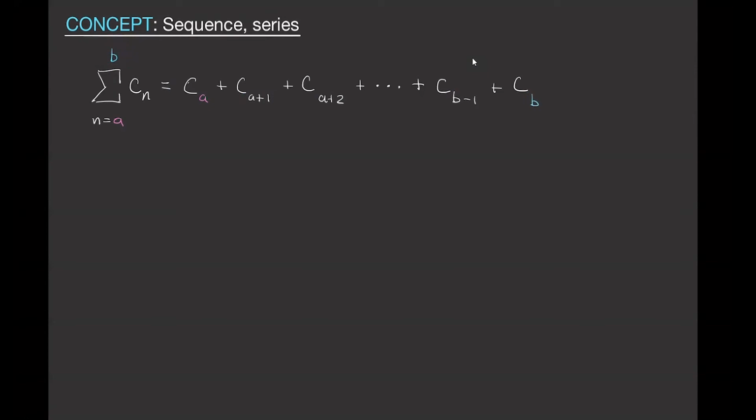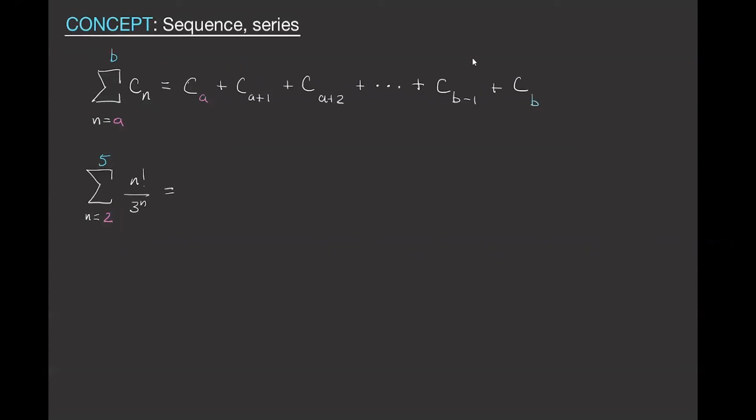As an example, if you had, let's say this, n factorial over 3 to the n, and maybe that's just it. And we go from n is equal to 2 up to 5. 5 would be our ending index, and 2 would be our starting index, or maybe starting index value.